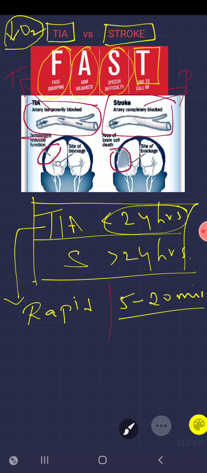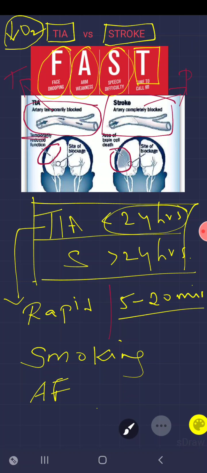There could be multiple causes, but for MCQ purposes, I would like you to know 3 points. TIA could be caused by smoking. TIA could be caused secondary to atrial fibrillation. Atrial fibrillation, that's very important.